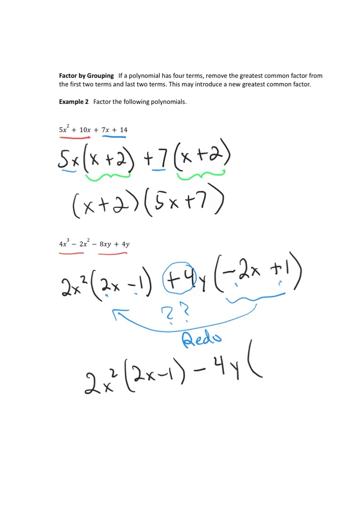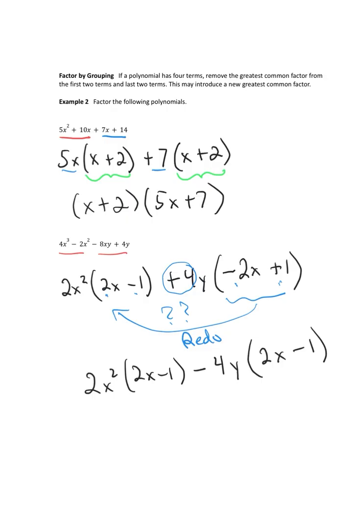So if you factor out negative 4y from negative 8, you're left with a positive 2x. And when you factor out negative 4y, you're actually going to be left with a negative 1, because if you think about redistributing, the negative times the negative does give you the positive.